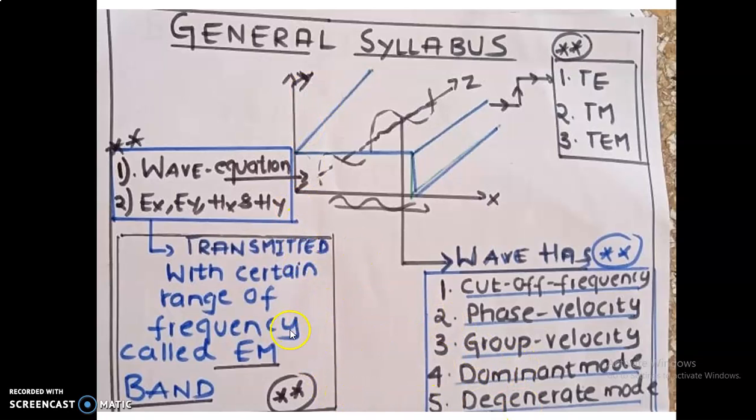Let us say I have selected TM mode and I am allowing the signal to go inside. Then I can say what is your cutoff frequency, all those things. I hope this is our syllabus.